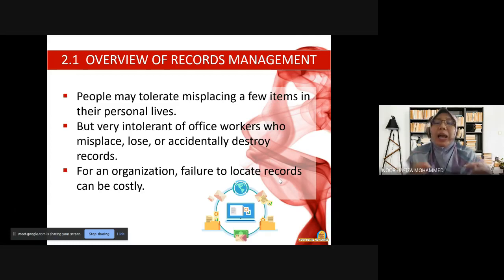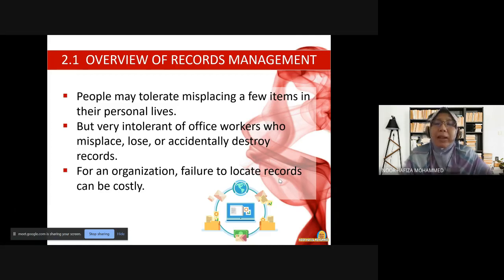Why? Because when you accidentally destroy, misplace, or lose a record, this will affect the business, the daily operation of that organization. So it's very important for you to handle, store, file, and retrieve the records in an organization.